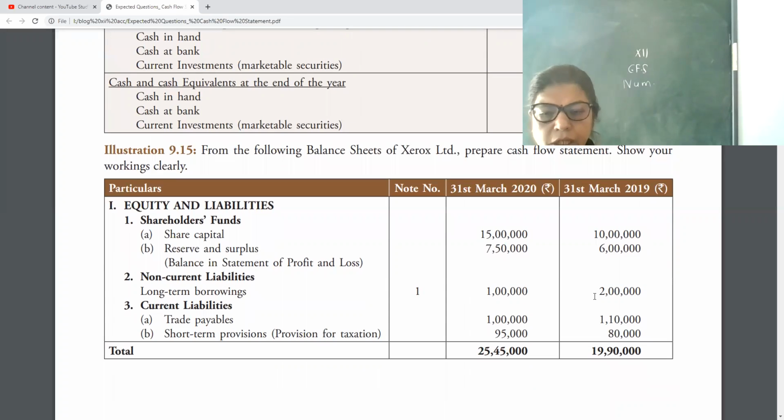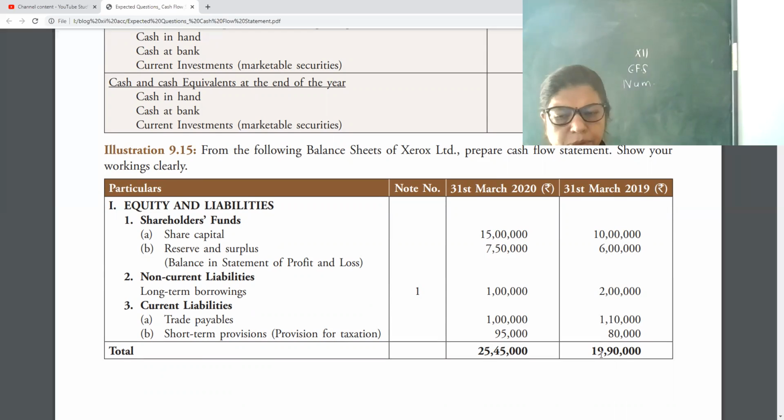Now see, 2 lakh and 1 lakh. It means long-term borrowings were repaid. That is also a non-current liability, so it will be in financing activity. Now trade payables: 1 lakh 10,000. Trade payables mean current liabilities increased. If current liabilities increase, that will be shown in operating activity, added after OPBWC.